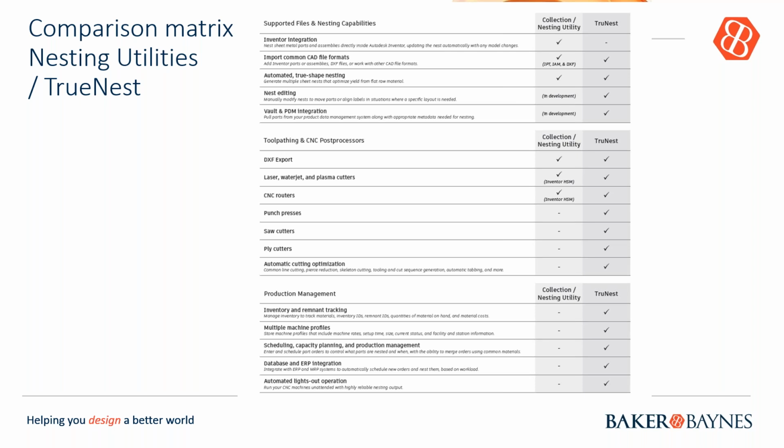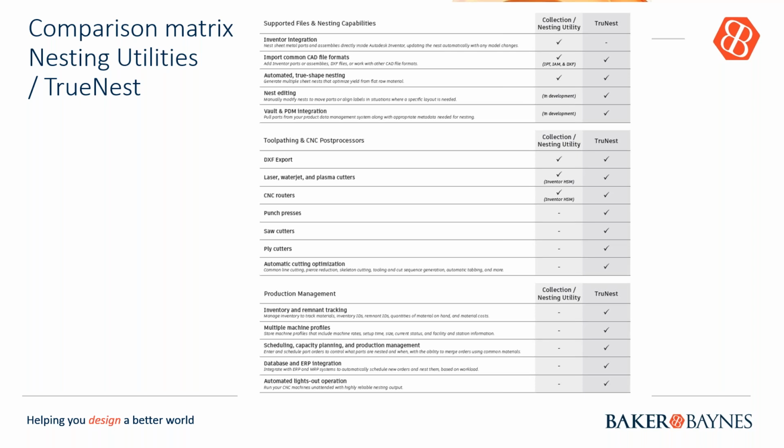CNC controllers, again, the very same thing, available as HSM inside of the nesting utilities and available inside of TrueNest. And we've got things like punch, saw cutters, and ply cutters. That's not available in the utilities, so something to point out there, as well as automatic nesting optimization. Those functions and features are available inside of TrueNest itself, which is a separate application to the utilities.